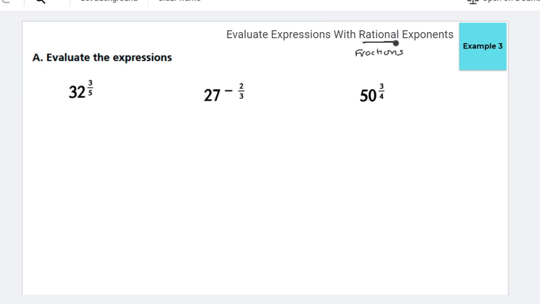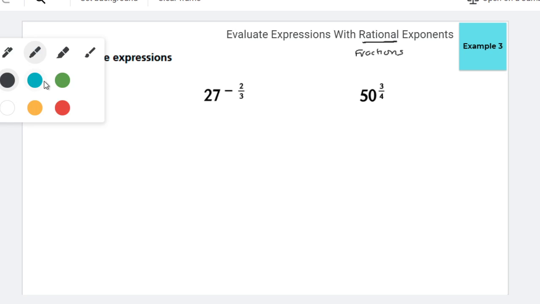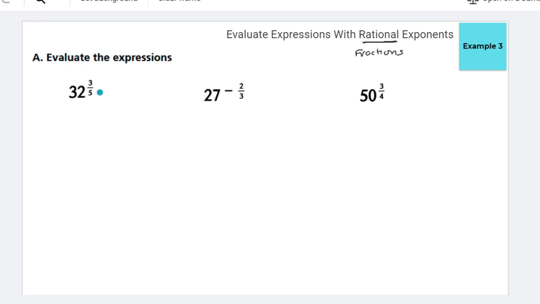I'm going to try to show it to you a little bit different than the book does. I think that it's a little easier to understand in different ways. So first, I like to write these in what we call the radical form. This is called the exponential form because it's written as an exponent.